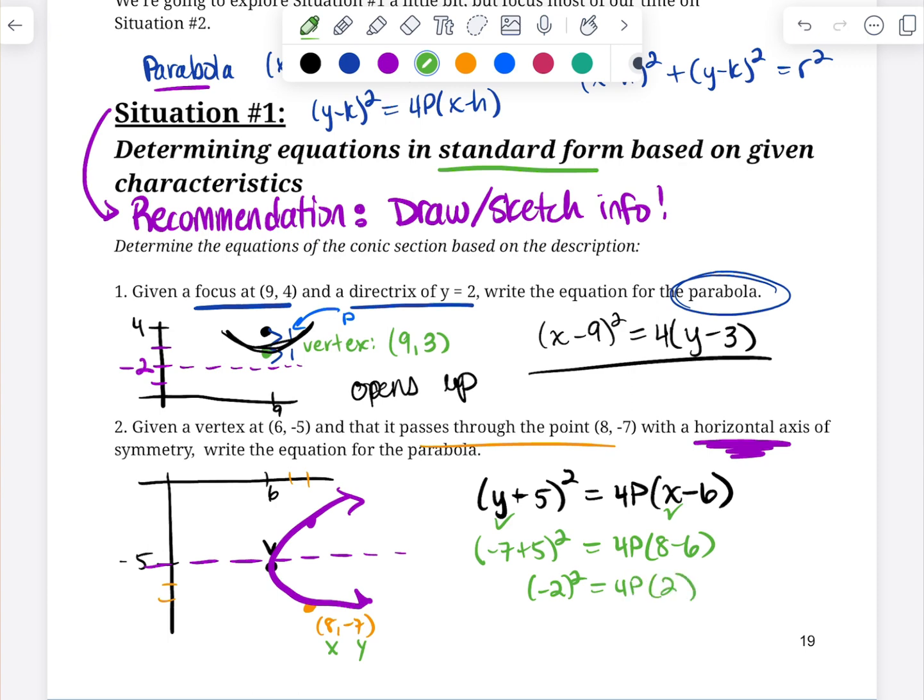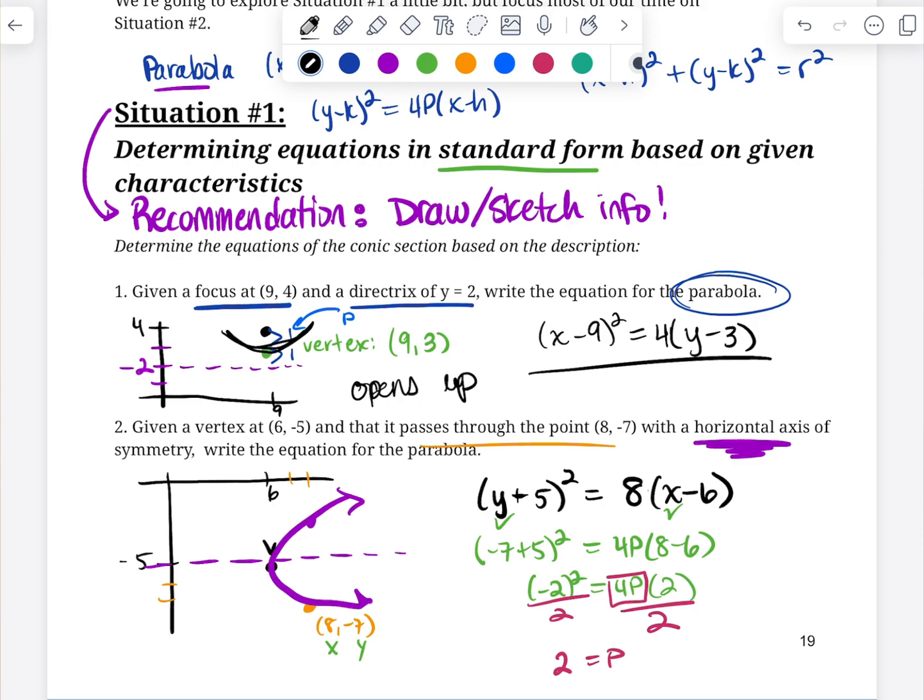Now, this might seem weird to you, but I want to know what 4p is, so I'm just going to divide both sides by 2. I'm going to leave the 4p alone because that's what I want. And the -2 squared, that's 4, so divide that by 2 is just 2, so 2 equals p. So then my equation turns out to be (y + 5)² = 8 times x minus 6 on that right-hand side.